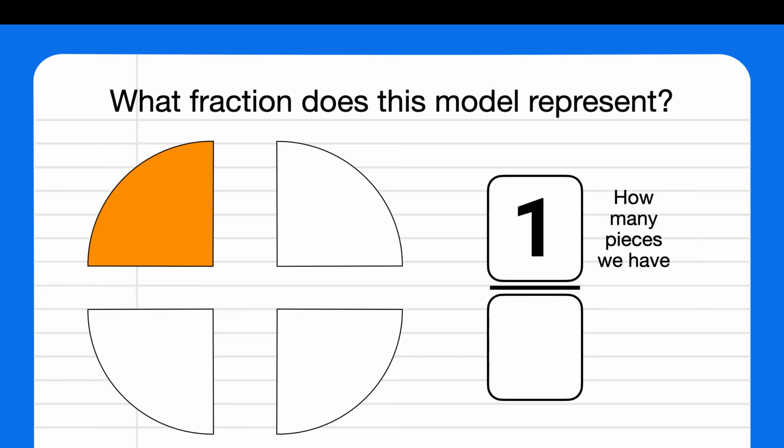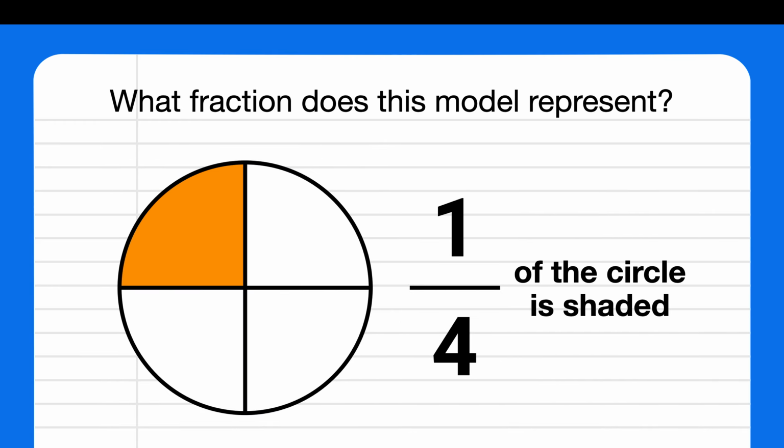Next, the denominator, or the number on the bottom of our fraction, is the total number of pieces in our shape. Well, we can see there's 1, 2, 3, 4 pieces in our shape. So we'll write a 4 into the denominator. We could say 1/4 of the circle is shaded.